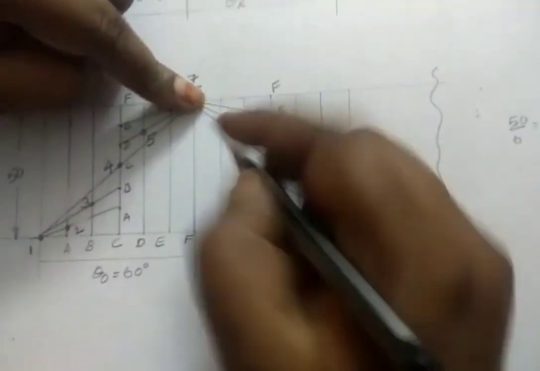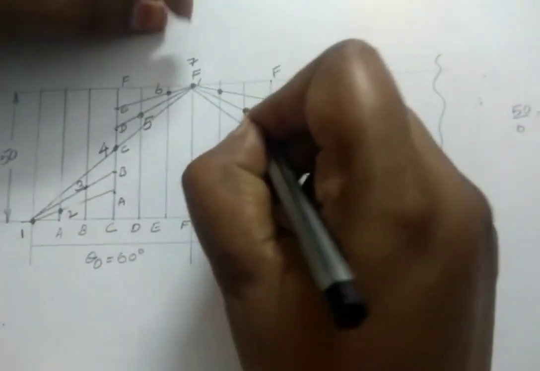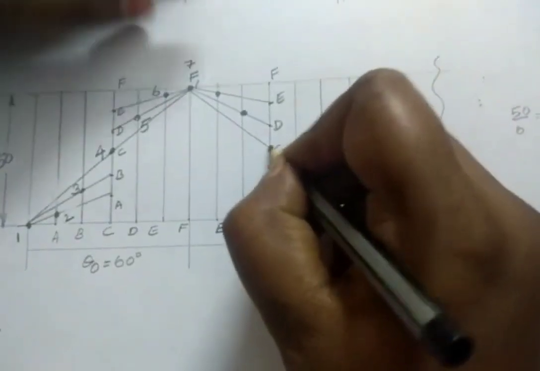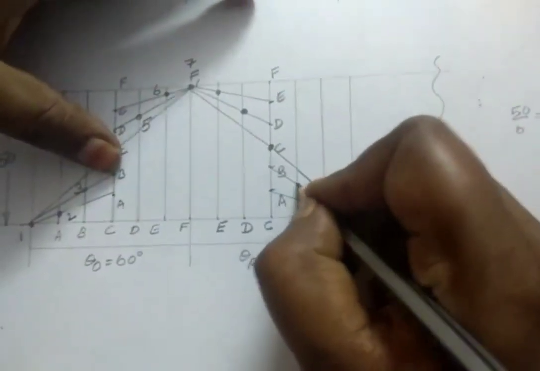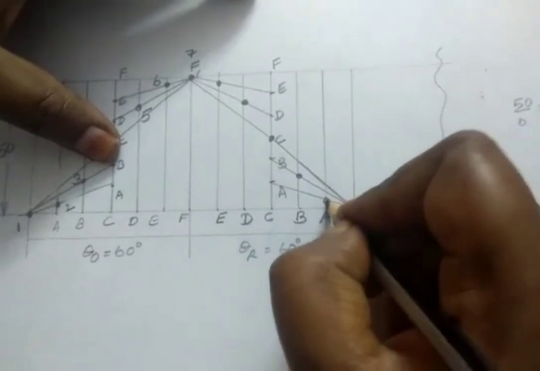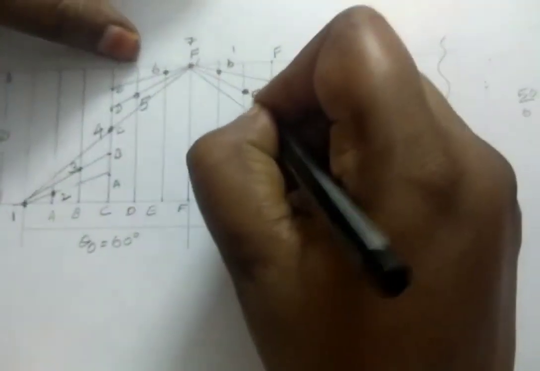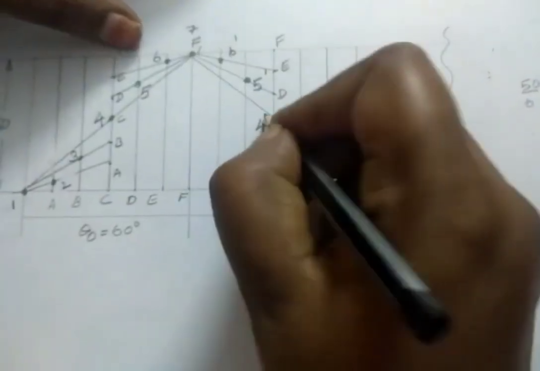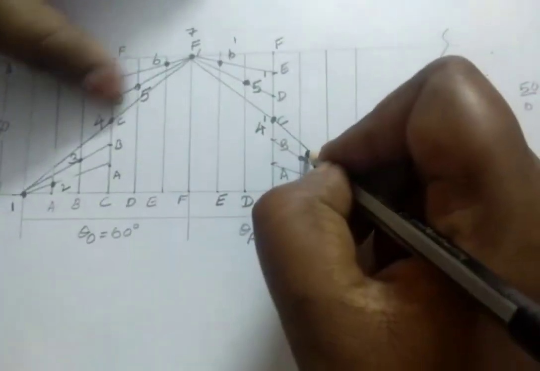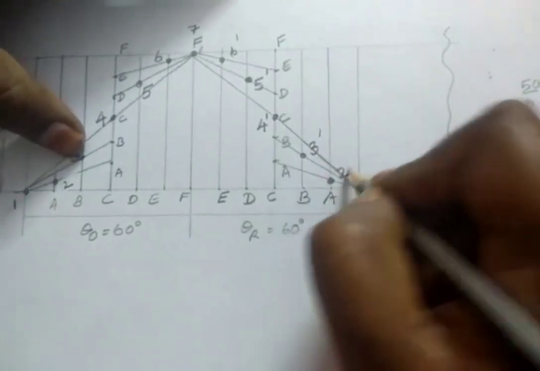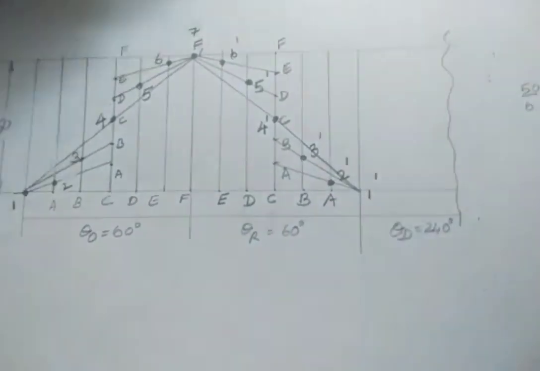So E and E, wherever it meets, that is the point. D and D, then C and C, and B and B, and A and A. So these points you just give as 6 dash, 5 dash, 4 dash, then here 3 dash, then here 2 dash and 1 dash.